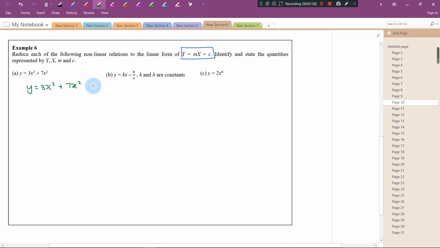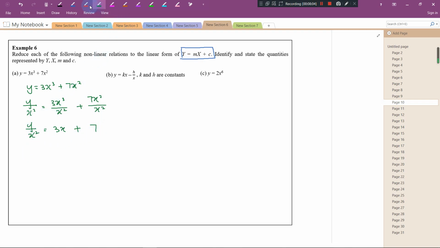If I divide this whole equation by x squared, here will be y over x squared, and this will become 3x, x cubed divided by x squared, you will get 3x. And here you will get 7.